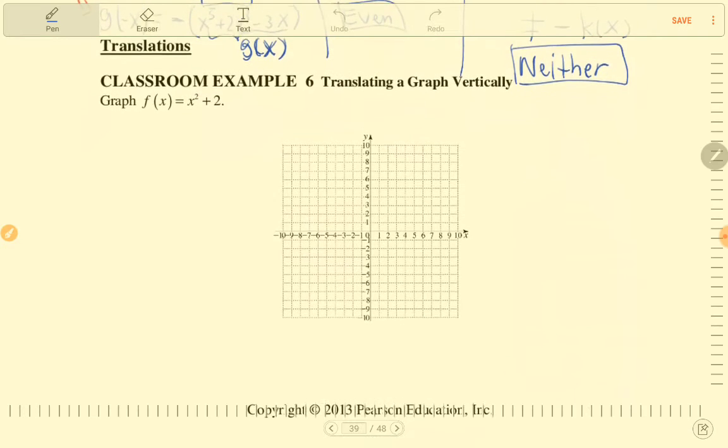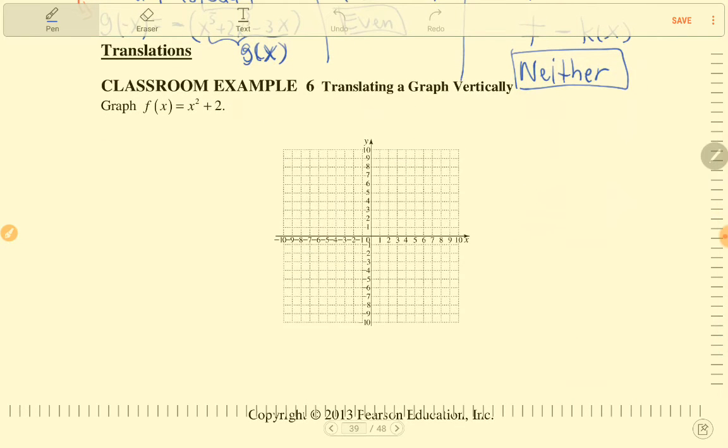All right, now we'll go back to talking about transforming a parent function, because this is a graphing technique that allows us to look at the function and relate it back to our basic parent function and just make some changes for this new transformation.